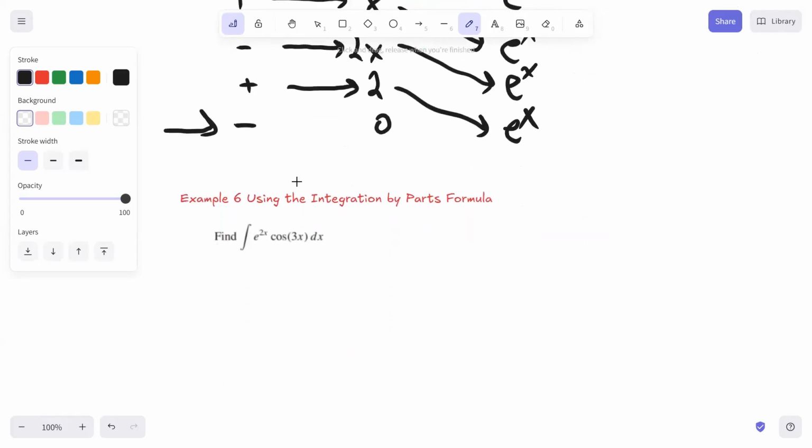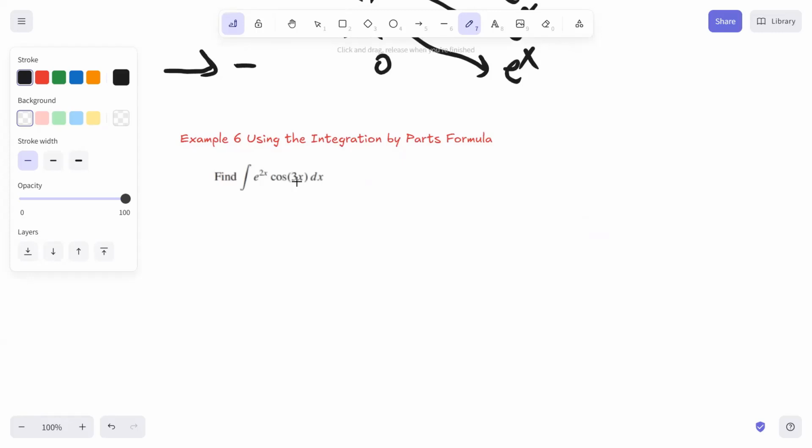Here's one with a trig function and e to the x all kind of put into one. So if we think of LIATE, we don't have a log, we don't have an inverse trig, we don't have a polynomial, but we do have an exponential.